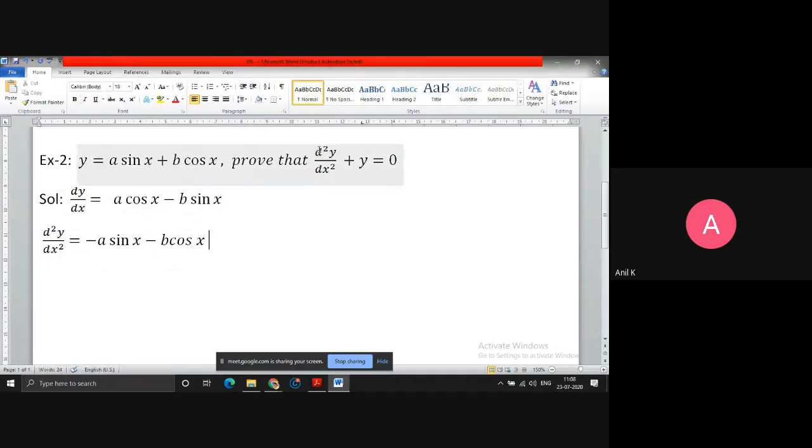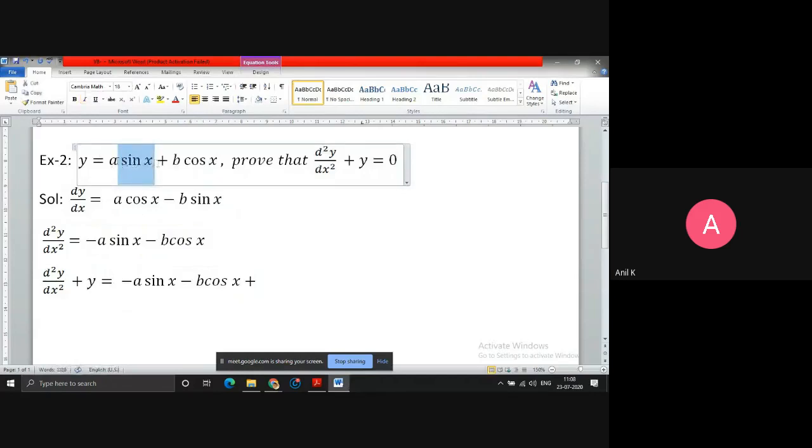Now here I will take the LHS term, d square y by dx square plus y equals to... I think you can see the answer there itself. Now d square y by dx square is what I got: minus a sin x and minus b cos x, plus y. What is y?